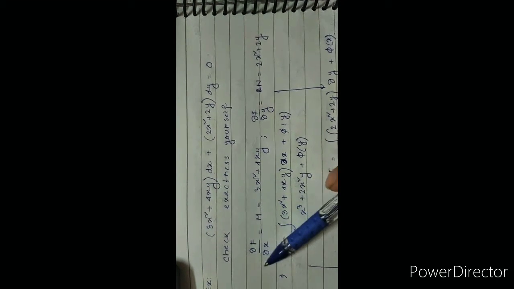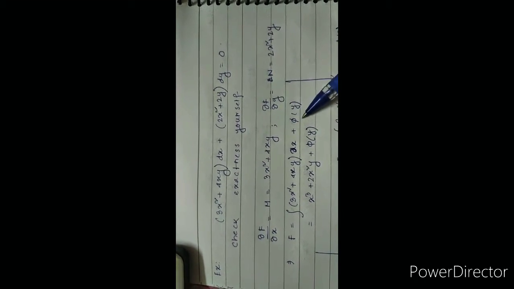In normal integration some constant comes, but in this type of partial differentiation the constant will be nothing but a function of y, because any function of y, if you differentiate it, becomes 0. So this should come. Okay, so we have this kind of thing.